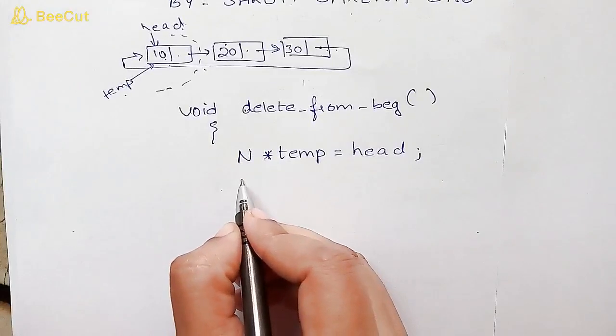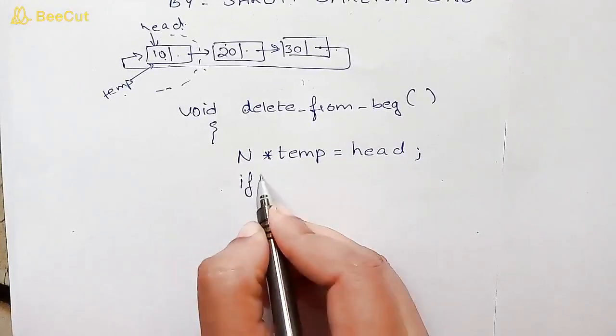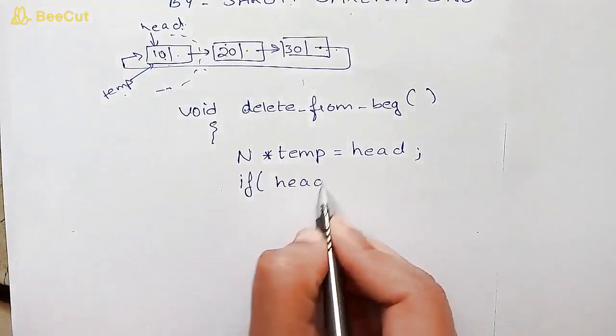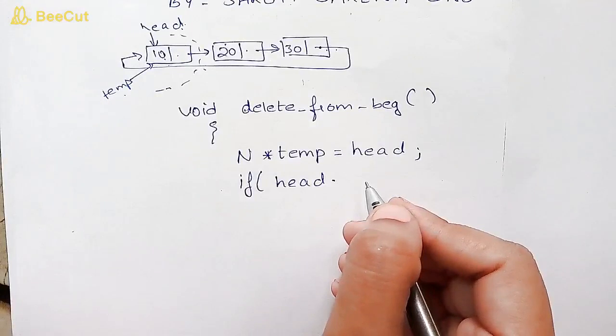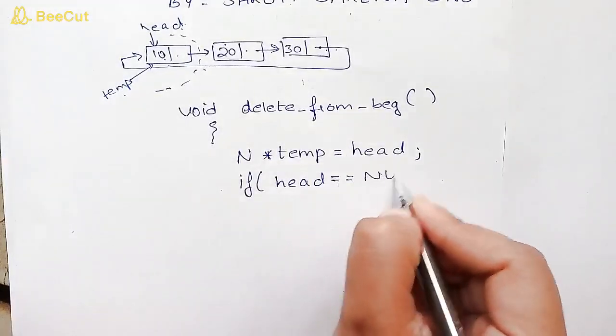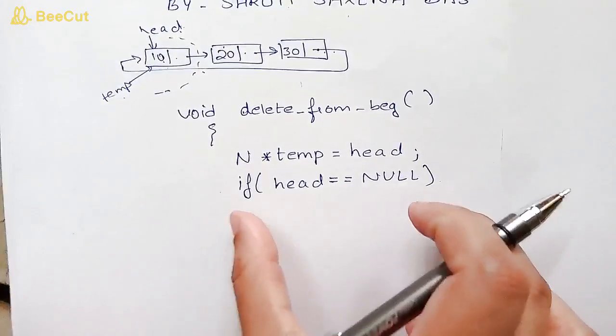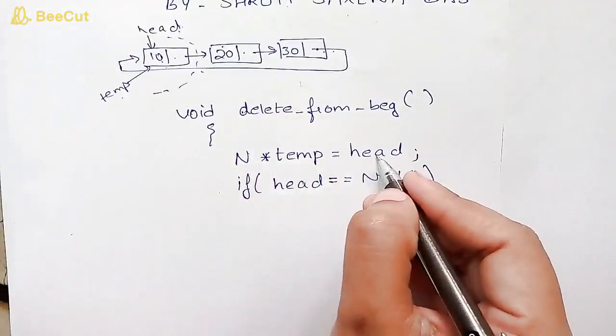So I'll check whether head is null or not. If head is null, that means there are no nodes existing. And even you can check this before taking this pointer also, because we are assigning it as head.